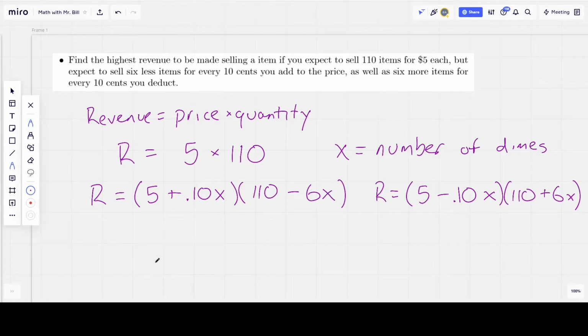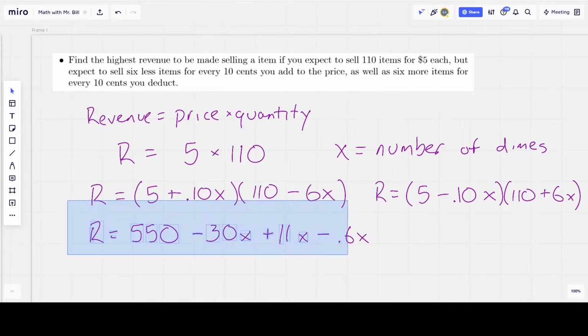Okay, so now we need to figure out our maximum revenue that we can make. And really what we want to do first is multiply this out so we have something that we can take the derivative of. So I get 5 times 110, which is 550, minus 30x, 0.1 times 110 is 11, so plus 11x, and then minus 0.6x squared.